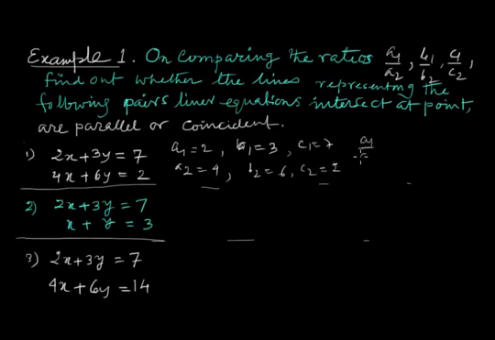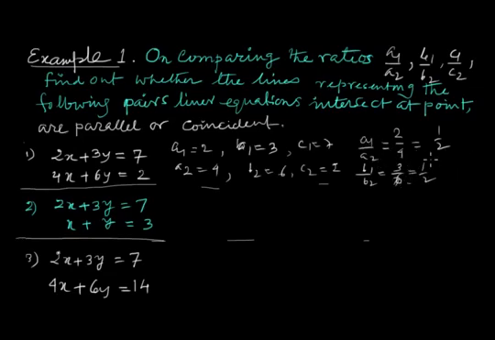So A1 by A2 is equal to 2 by 4, that is half. B1 by B2 is 3 by 6, which is also half.